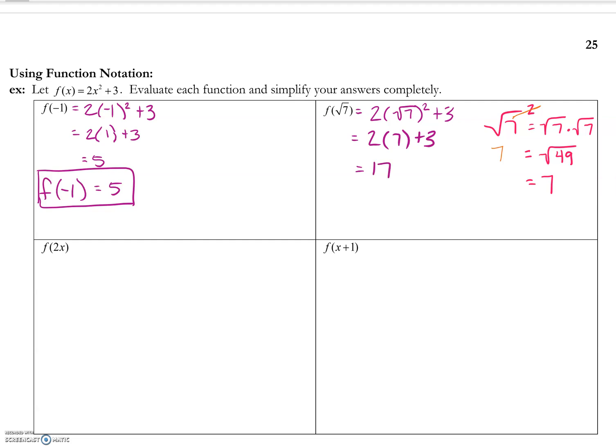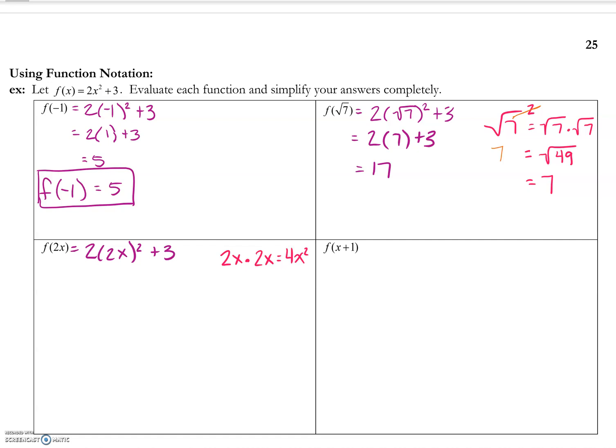For the next two, I'm plugging in variables for my function. So when I plug in 2x, instead of this x, I'm going to replace it with 2x. Thinking back to our previous example, if I want to square the 2x, that's 2x times 2x. 2 times 2 is 4, and x times x is x squared.